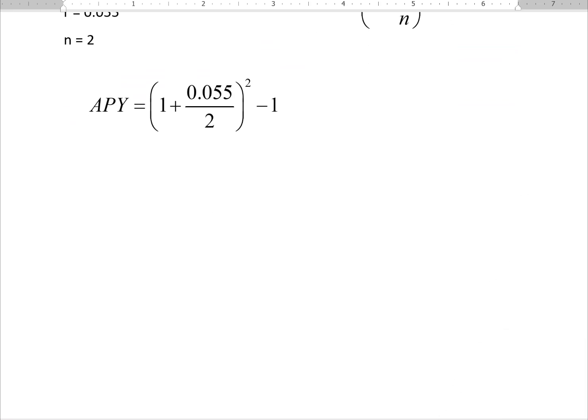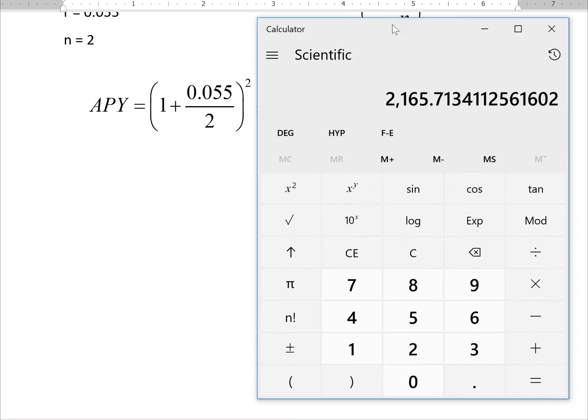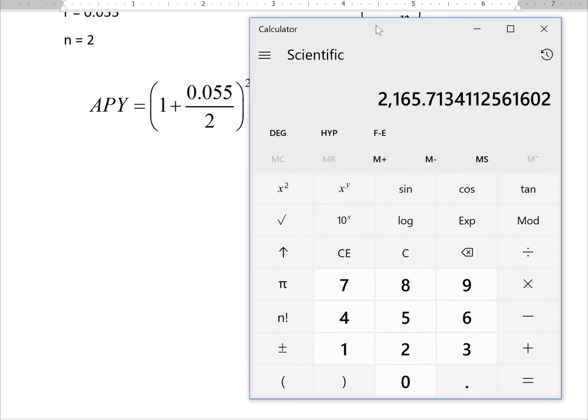And again, I'm going to start inside the parentheses. I'm going to take that 0.055 and divide by 2. Add 1. I'm going to raise it to the exponent of 2. And then the last thing I always do is subtract 1.